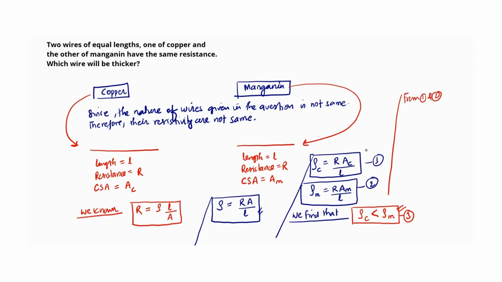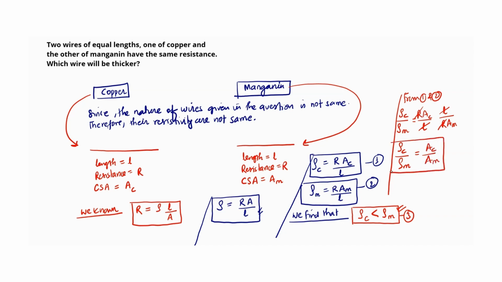Now from 1 and 2, we can write in this way: R AC by L, and so on. So this cancels out. Therefore, we can write rho C by rho M equals AC by AM.